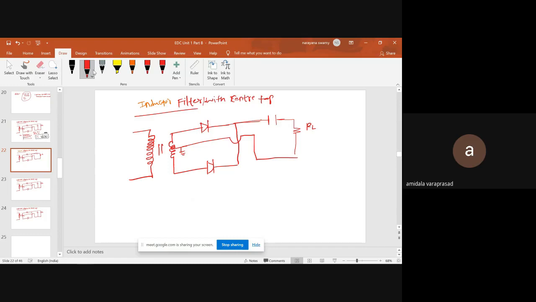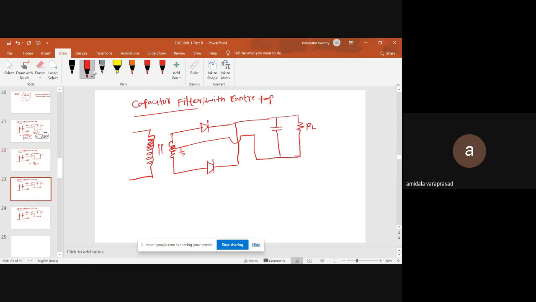For this inductor filter, the ripple factor is RL by 3 root 2 omega L.